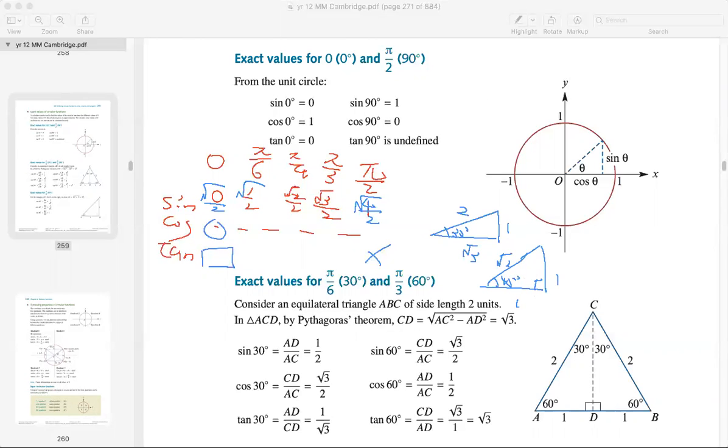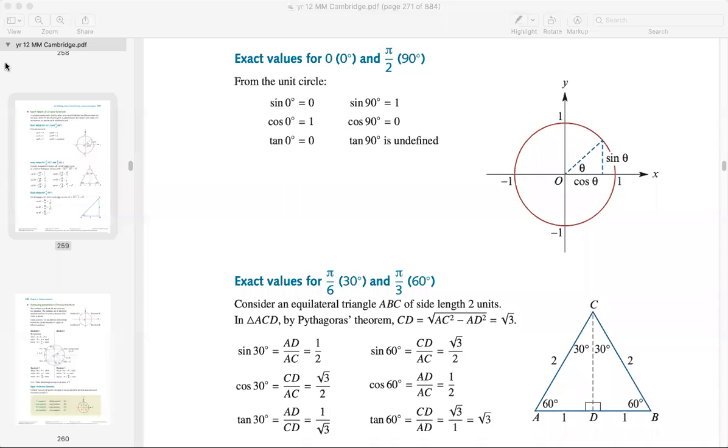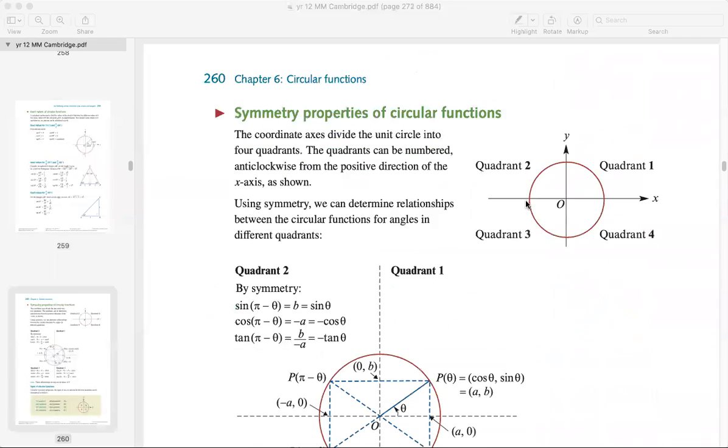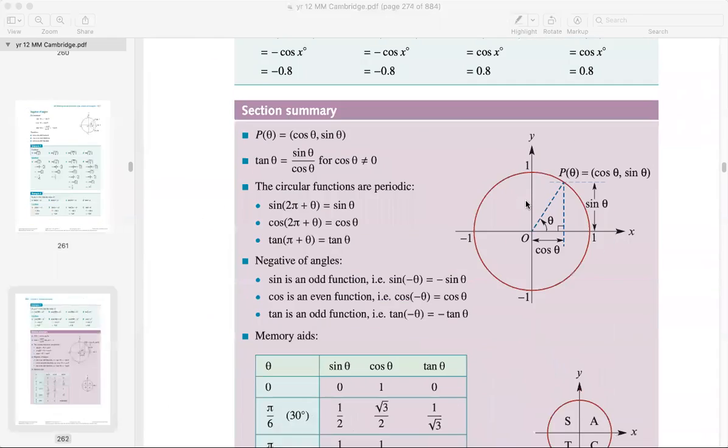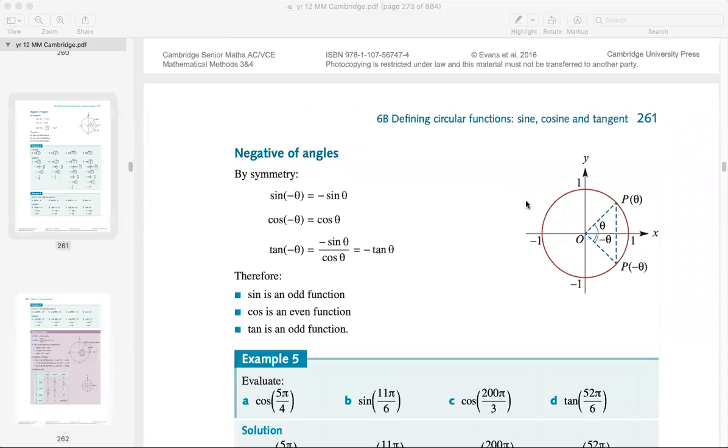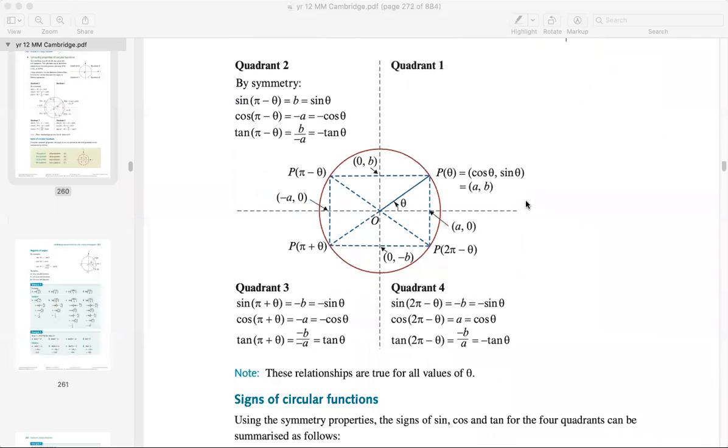Okay, and I just keep going for this one, 260. This is really important, which means our ASTC, there is how to define it, because P in the first quadrant, both x and y values are positive, so sine and cos are positive, which means tangent is positive.